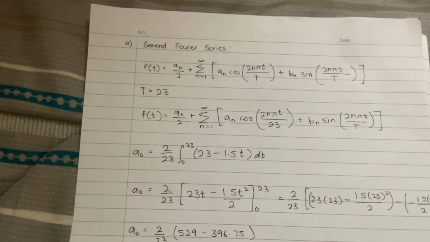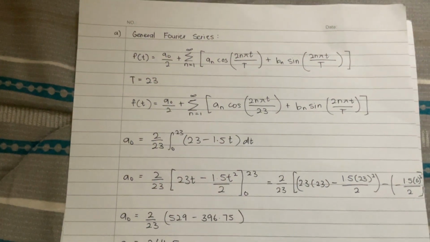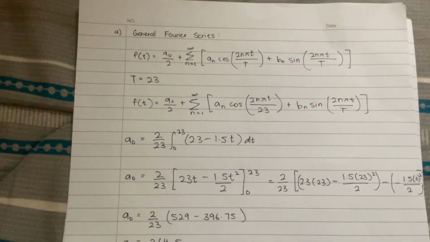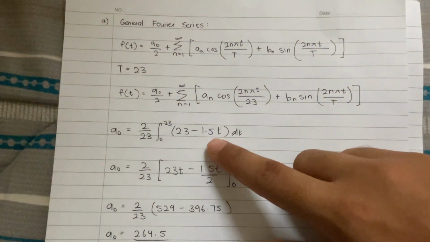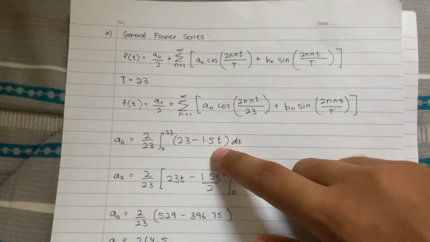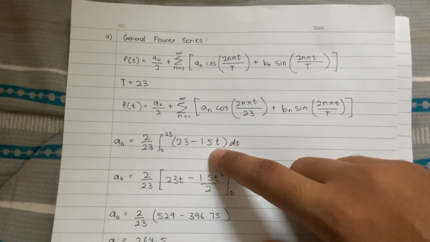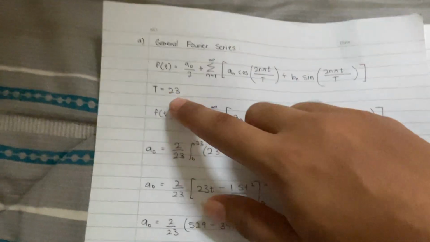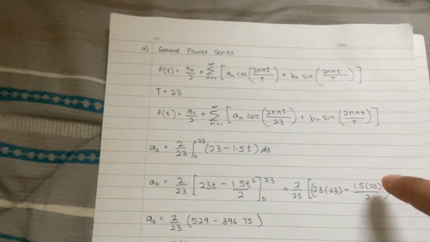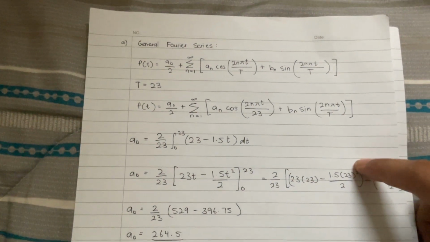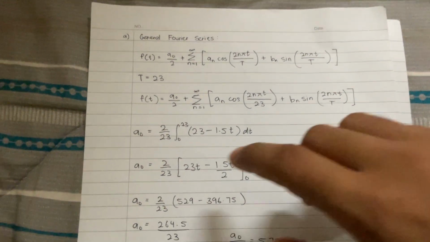Alright, right now I will do task 3. The function is 23 minus 1.5t, and the period is 23. The interval is 0 to 23.